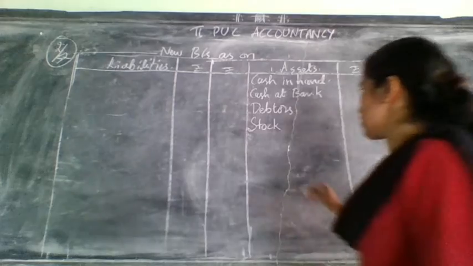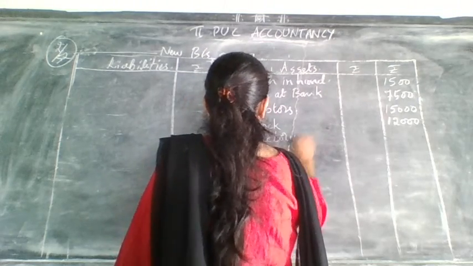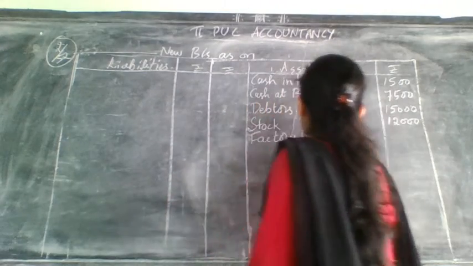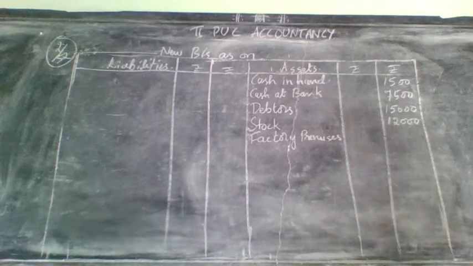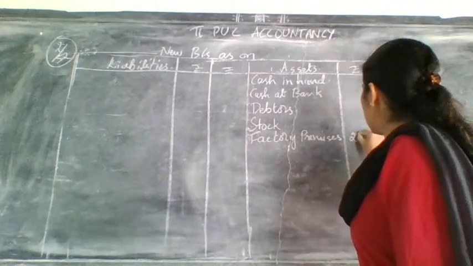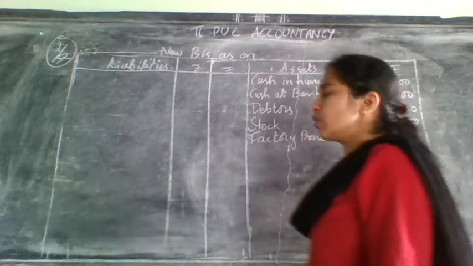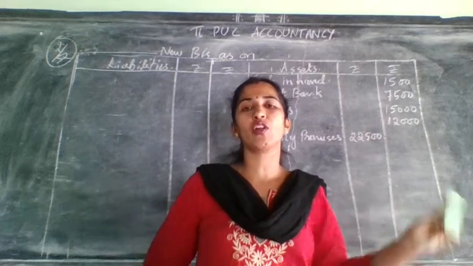Next, after the stock, you need to take factory premises. Whether it is having an adjustment? Definitely, correct, you are having an adjustment in the revaluation account. So factory premises 22,500, write that amount in the inner column. Go back to your revaluation account. Factory premises, have you taken it on the debit side or credit side?